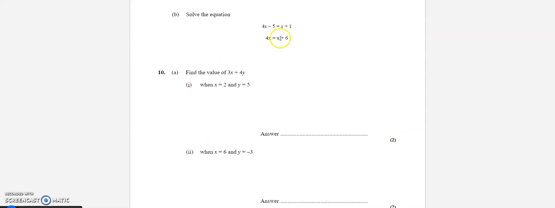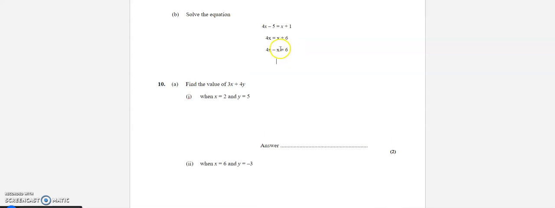Next thing I want to do is try and get rid of this x on this side of the equation here. So to get rid of that x, I can minus x. So I can say 4x minus x on this side of the equation, and that will leave me with 6 on the other side of the equation, because I've taken an x away from this side, and I've taken an x away on the other side of the equal sign, and I've left the 6 on its own.